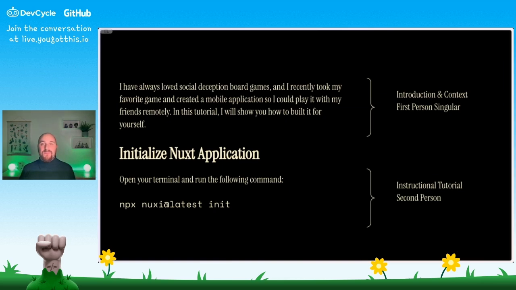I built this game. Now I'm going to show you, the reader, how to do it. Here's all the steps on how to do it. Now at the end, we have built a thing. So you can shift back to first person plural. So here's just an example, but once again, it's really important that at least in that instructional section you are staying consistent throughout.